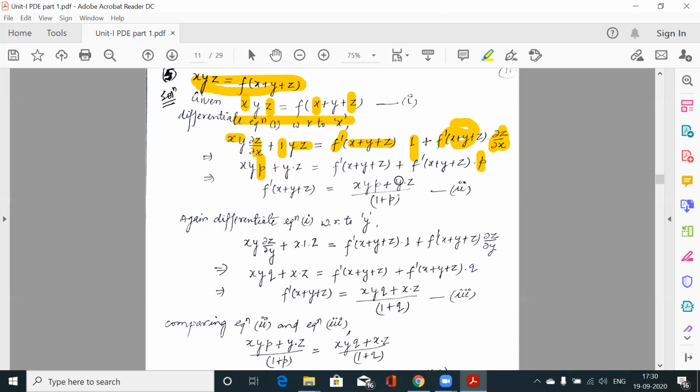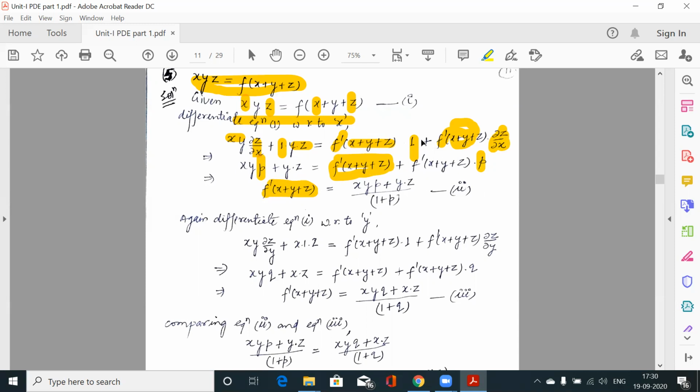Now we have to calculate the value of f dash, because ultimately we have to eliminate f. So the value of f dash from this equation is f dash into x plus y plus z equal to xyp plus yz over 1 plus p.